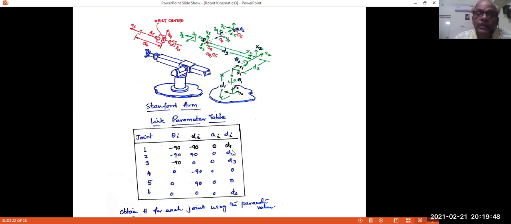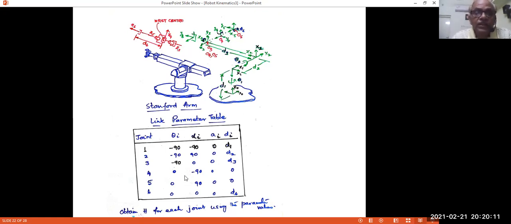The other two will be geometric constants based on the construction of the robot arm. D3 will be a joint variable because that is the one that is moving. So in parametric form we have theta 1, theta 2, D3, and this you can fix as minus 90 because that is not going to change as per the frames we have fixed.